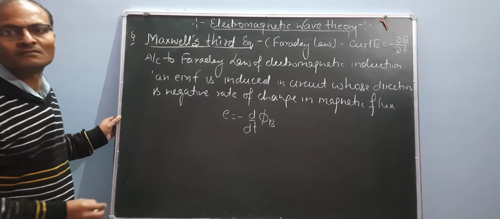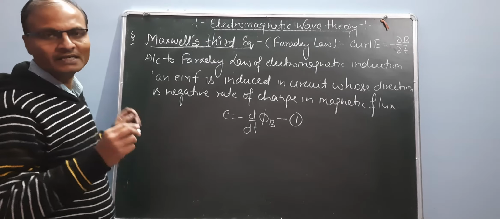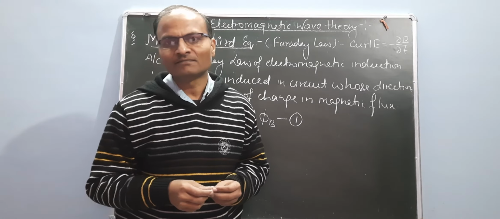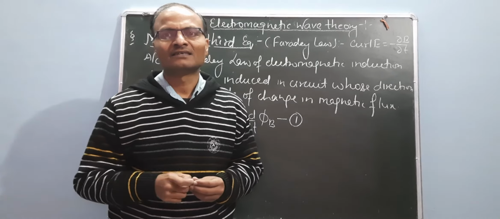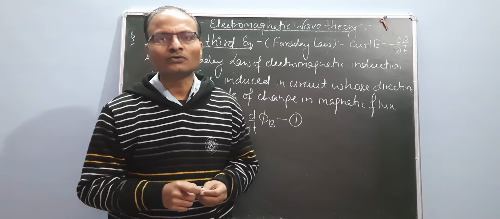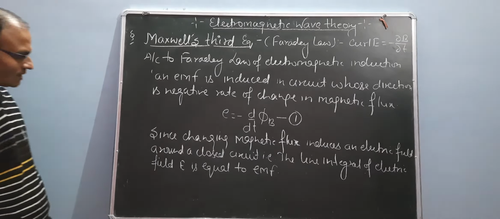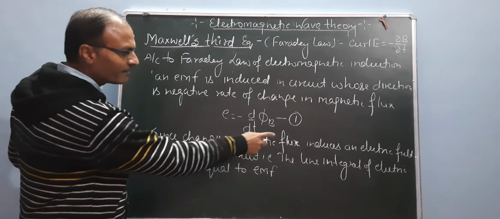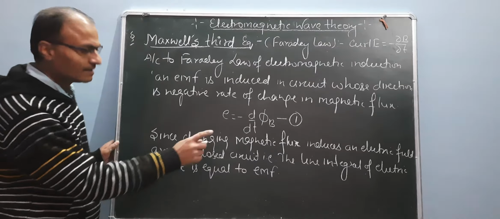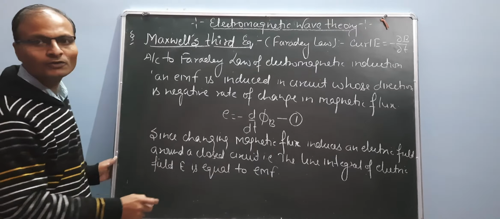phi B. Okay, this is equation number 1. Since changing magnetic flux induces an electric field around a closed circuit, the line integral of electric field E is equal to EMF.